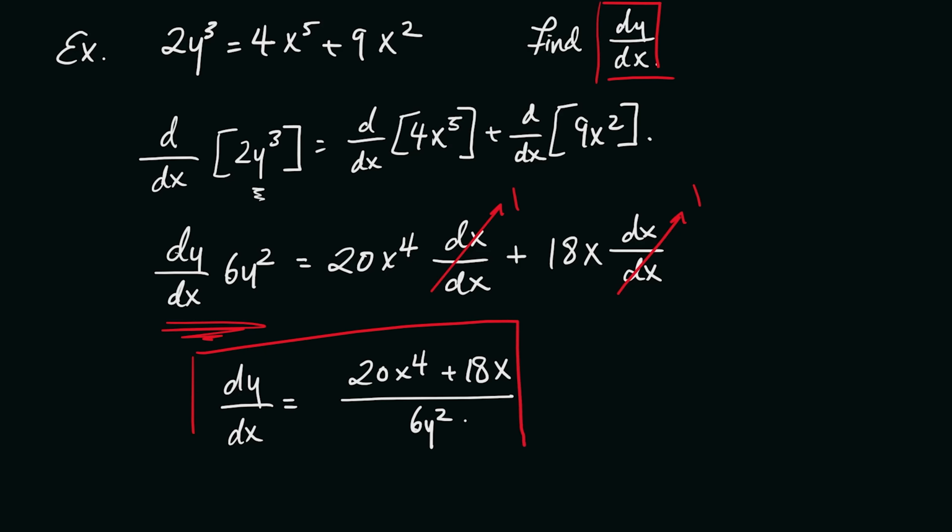Believe it or not, that's how we deal with implicit differentiation. Remember, you always have to get this isolated to whatever you're trying to find, right? So it could be like 6 dy dx. You still have to divide by the 6, right? So let's try a harder example here.